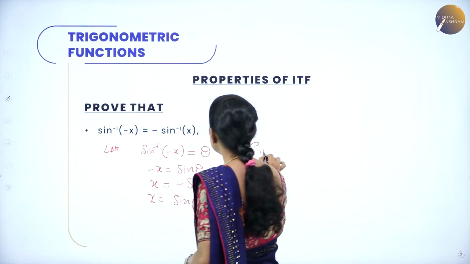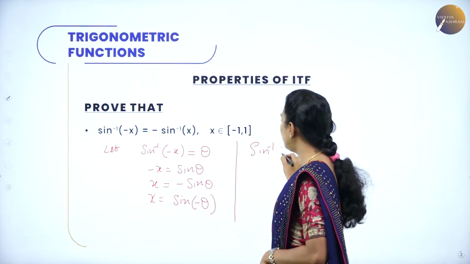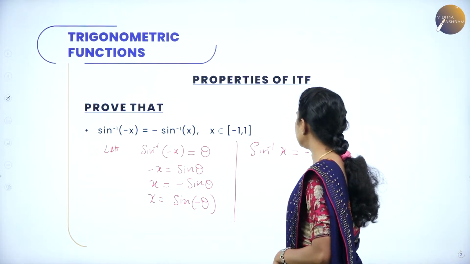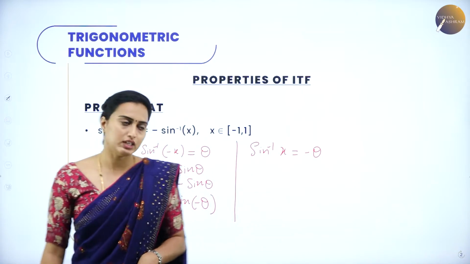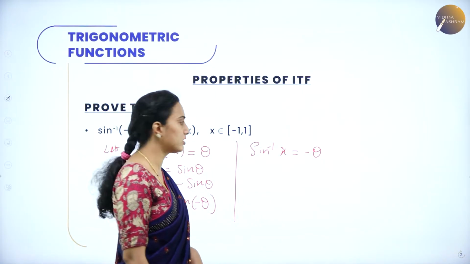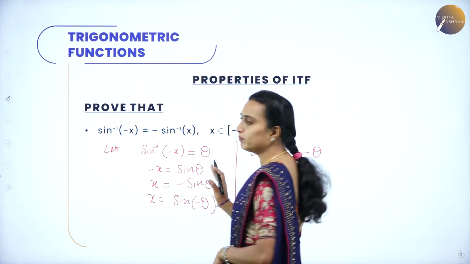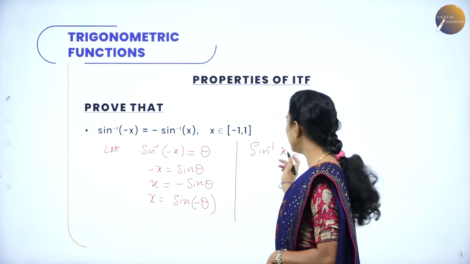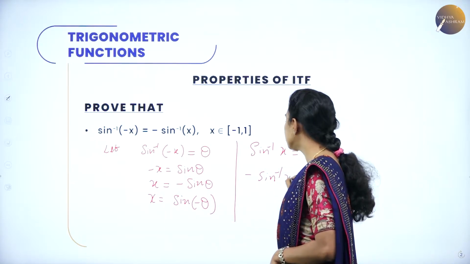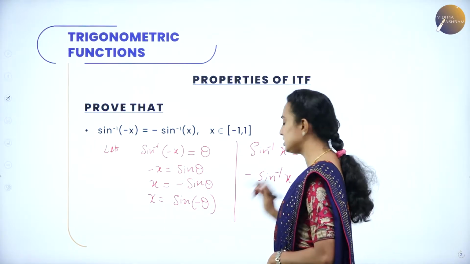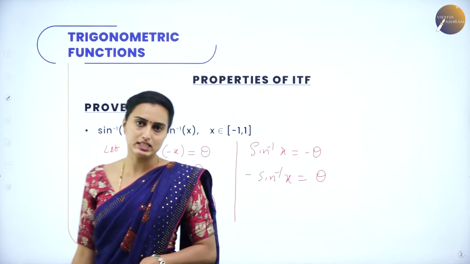Sine inverse x will be equal to minus theta. Or you can multiply both sides by minus sign, and you have minus sine inverse x is equal to theta.